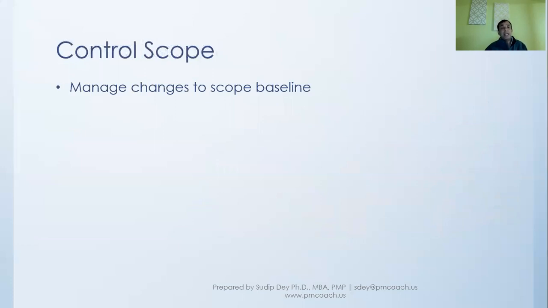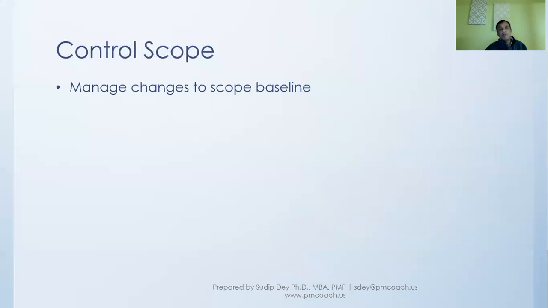Control scope is about managing changes to scope baseline. Now, again, we are not saying that we're not doing changes to scope baseline. We are saying managing changes. In other words, changes will be done in a controlled fashion. And of course, we talked about how, in different life cycles, how we view changes is different.